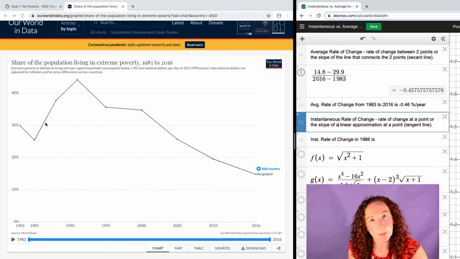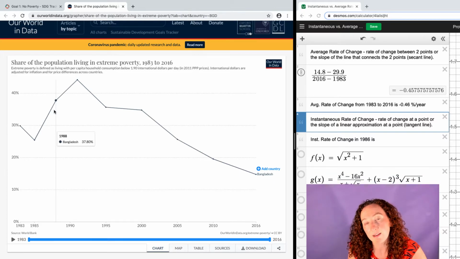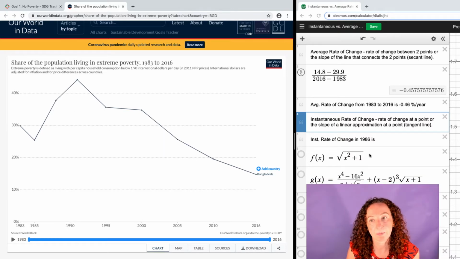Looking at data is a little bit tricky here. We can't find the instantaneous rate of change in 1986 because we only have data from 1985 and 1988. So with data, in order to find an instantaneous rate of change, I have to estimate using the 2 closest points that I can.